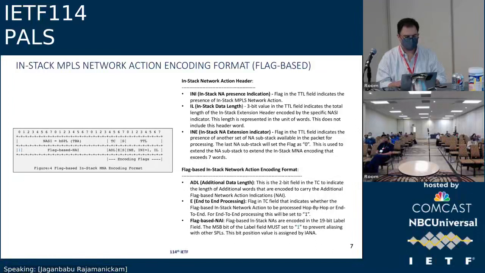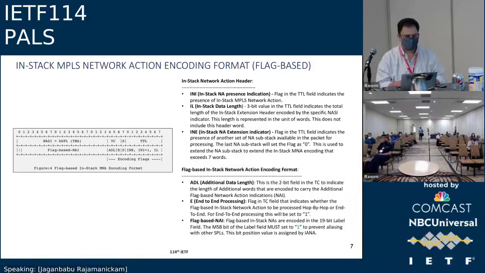The second part is the flag-based in-stack network action encoding format. Here we have the flag-based NAI. This is a 19-bit label field, and the MSB must always be set to 1 to prevent aliasing with the SPLs.